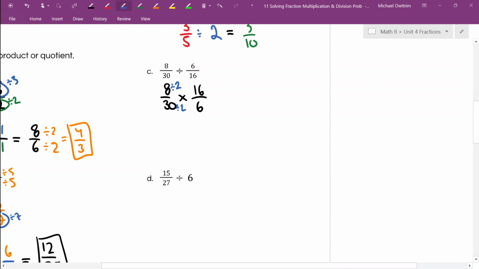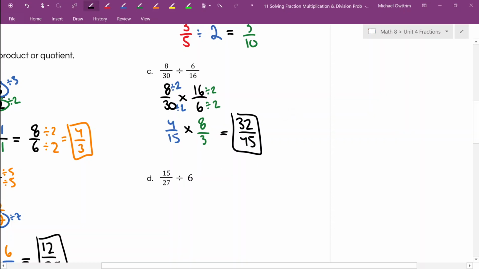So I'm going to divide the top and bottom of this fraction by 2 to give me 4/15. And then I will divide the top and bottom of the second fraction also by 2 to give me 8/3. Now again, I don't think there's any further simplification we can do here, so we'll just multiply top by top and bottom by bottom. And there shouldn't be any additional simplification that's possible at this stage, since there wasn't any simplification possible over here.